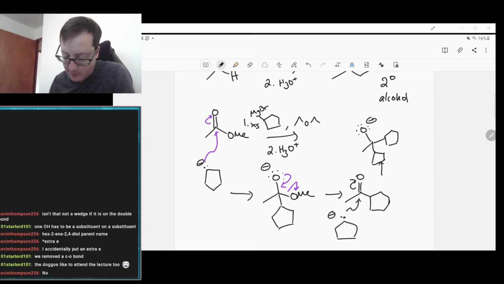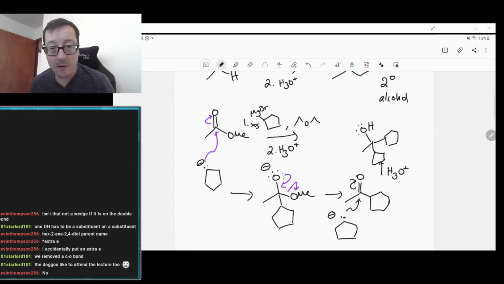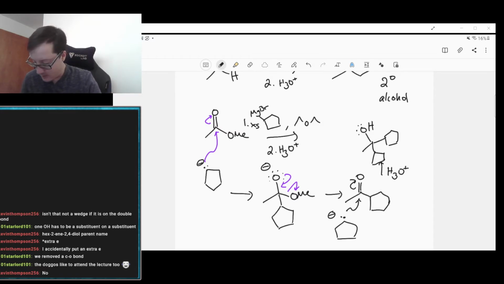And we now have two cyclopentanes on there, and then we just protonate it. I'm going to just erase it because why not? That's all right. So we end up putting now two of those on, and we get rid of our ester part. So we will end up reducing this one twice.